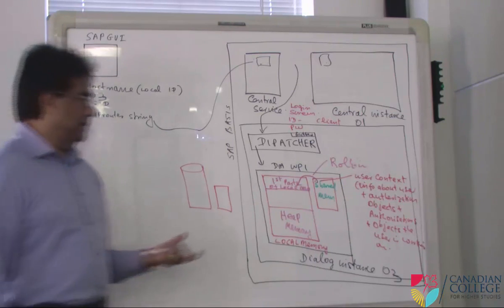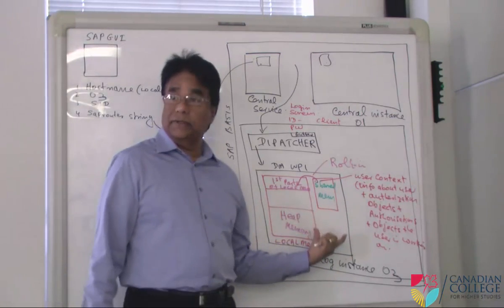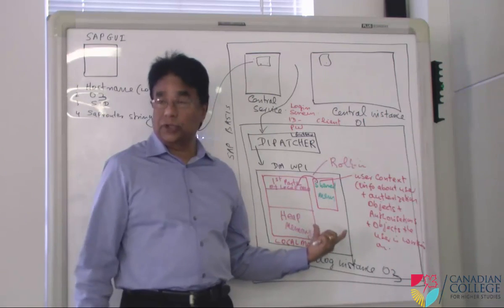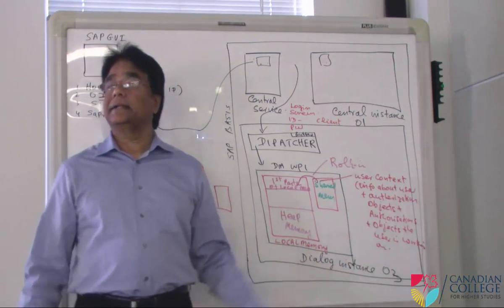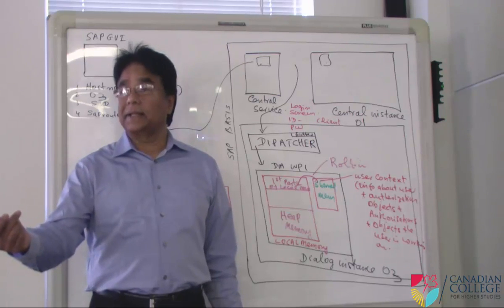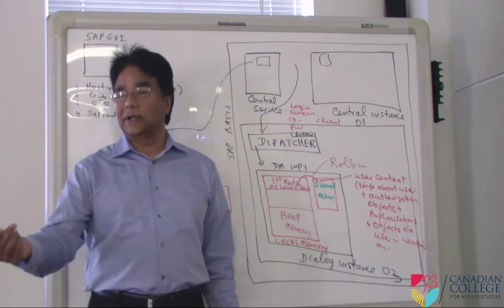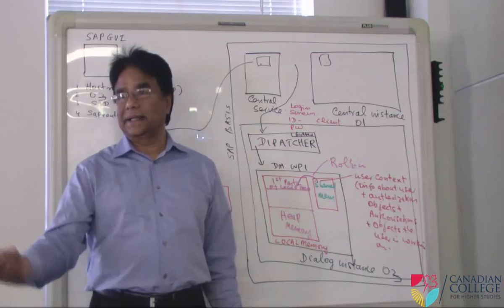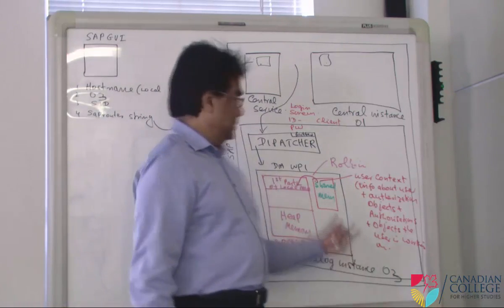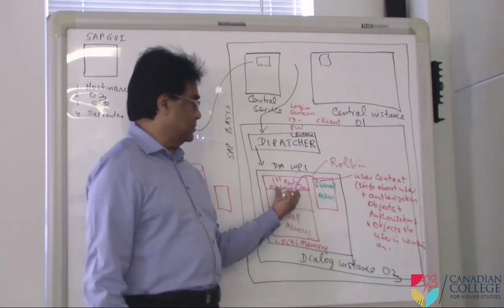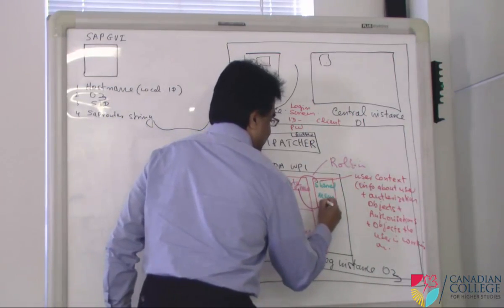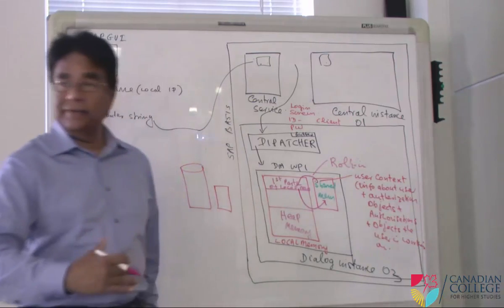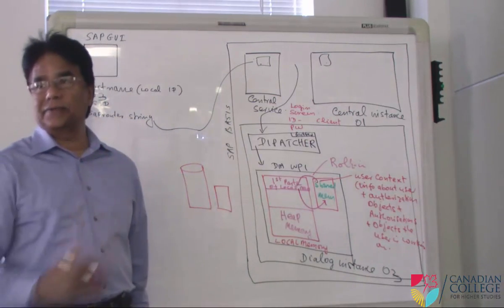Okay? So whenever this work process does a portion of the user's work, it has to leave the user and then help another user or another activity, right? So the information in the local memory has to be loaded back into the shared memory when the work process leaves that particular user.